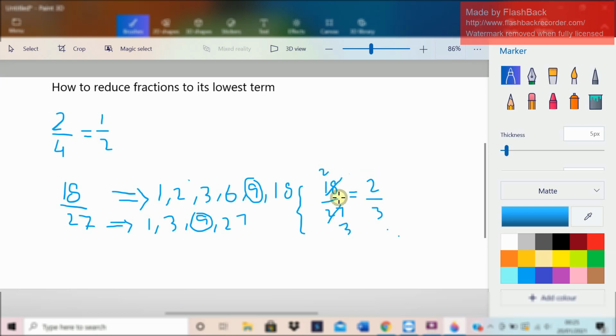So 2 over 3 is the lowest form, since 2 and 3 have no common factor other than 1. These two numbers can only be divided by 1.